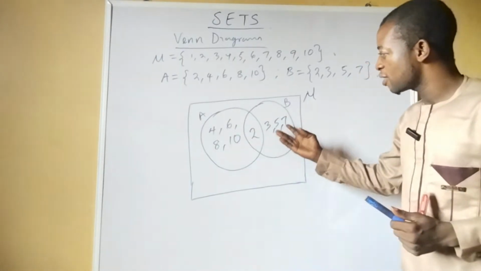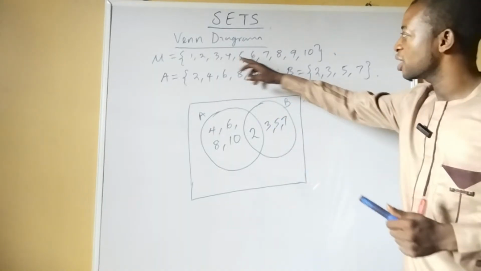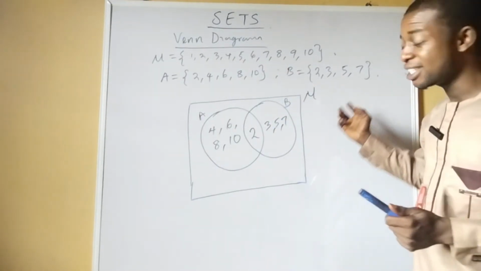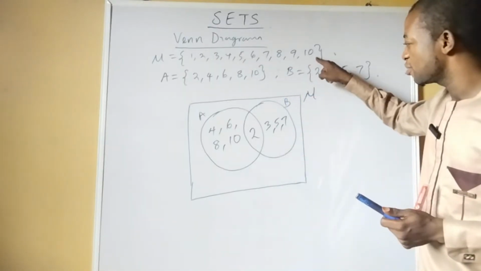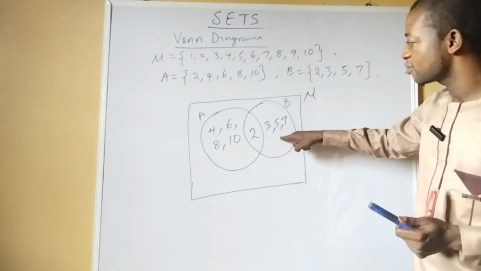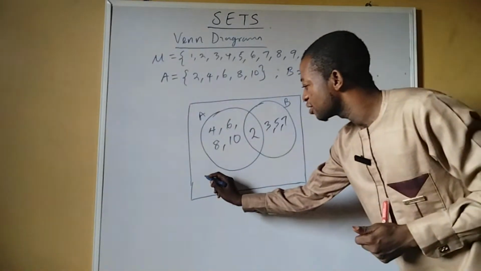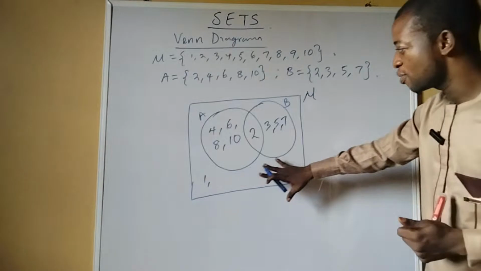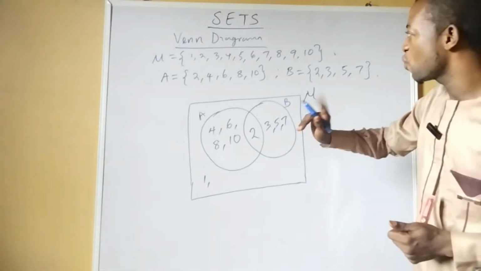The numbers we have for A and B now, is that all we have in the universal set? No, right? We still have some numbers that appear here but are not written inside there. Okay, the first one is 1. So that one will be written inside the box, but will not be inside the circle. I believe somebody is guessing that. So we have 1.